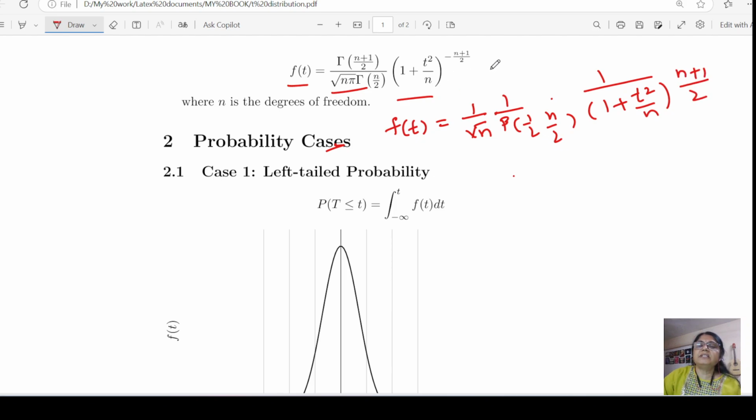We say t follows the t distribution with n degrees of freedom, and the PDF is given this way. And this is the PDF curve.